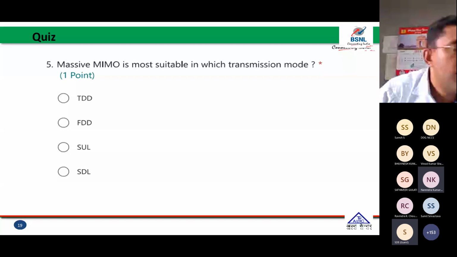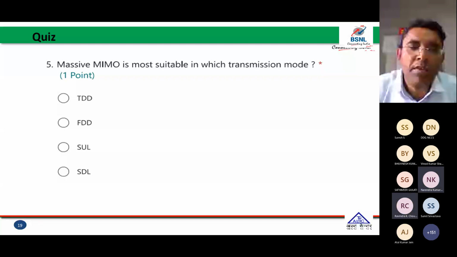TDD is the correct answer. The fourth is remaining, sir. The fourth question comes in a subsequent slide, after some other slides. Okay.